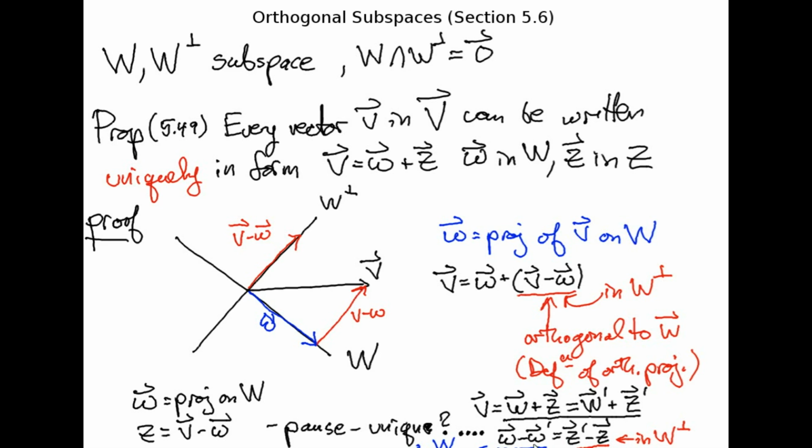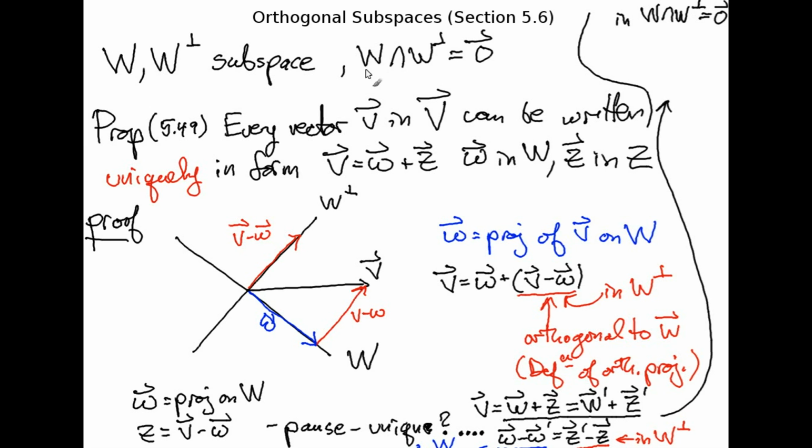And so both of these vectors are in the intersection of W and W perp. Sorry, I'm running out of room, but I want to squeeze it in here. Let me just go up here. So then both sides are in W intersect W perp, which is 0. Remember that? And so that says that W minus W prime is equal to 0, and so W is equal to W prime. And similarly, Z is equal to Z prime.